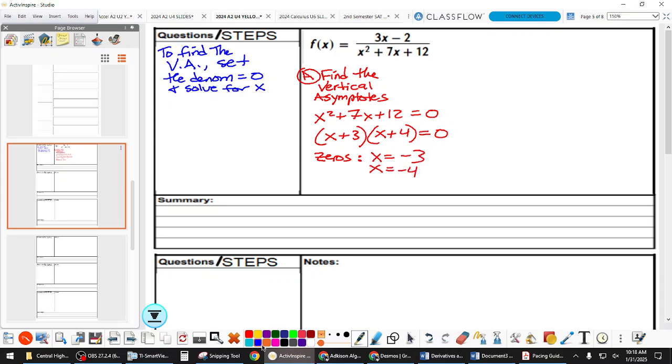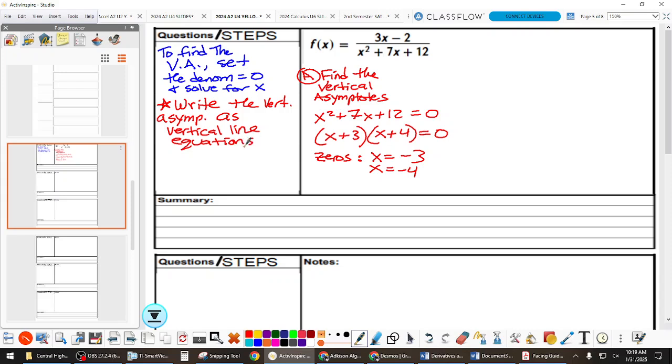Okay. Over here, I want you to put a pretty important little note. These are vertical lines. Write the vertical asymptotes as vertical line equations, which means they have to say x equals.